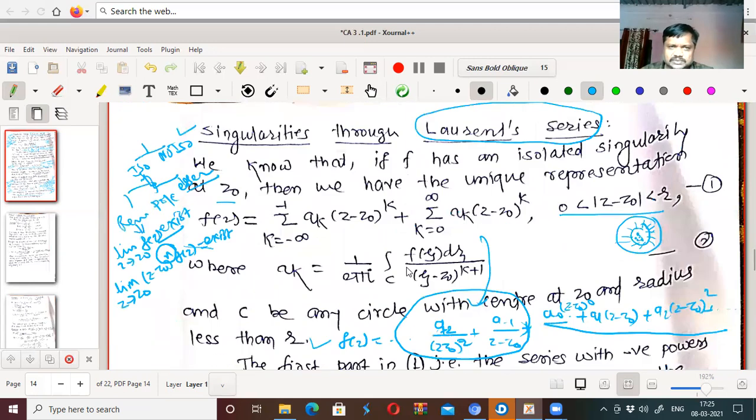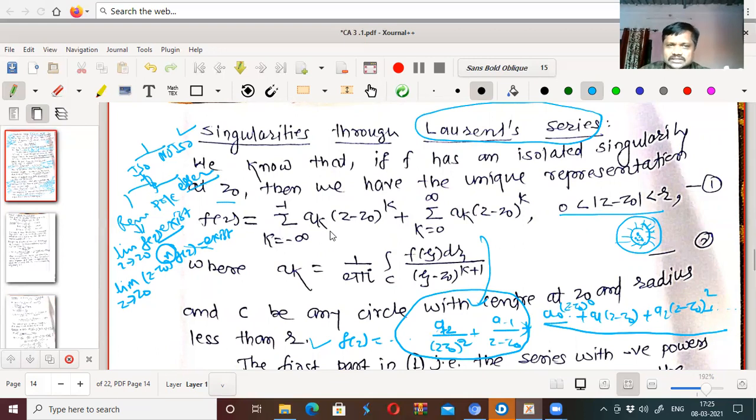Now, this Laurent series expansion, if it has a finite number of terms of negative powers, then it has a pole of that order. And if this principal part is absent in the Laurent series expansion of the given function, then the isolated singularity is a removable singularity. If the principal part has finite terms, then that isolated singularity is called a pole of that order.